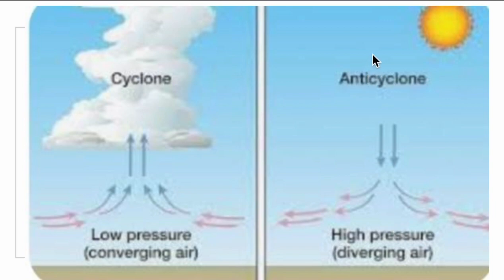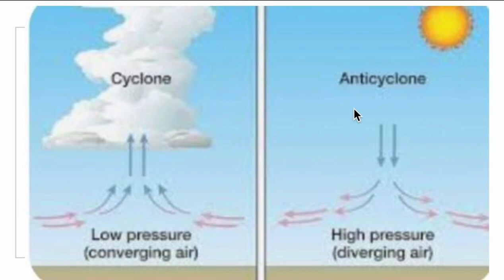Here, in the atmosphere, all the air present will become dry. It will take up all the water vapor present over here and transfer it. At the center the pressure will be very low in cyclones, here the center pressure will be very high. It will diverge at the lower part, but in cyclones convergence takes place.